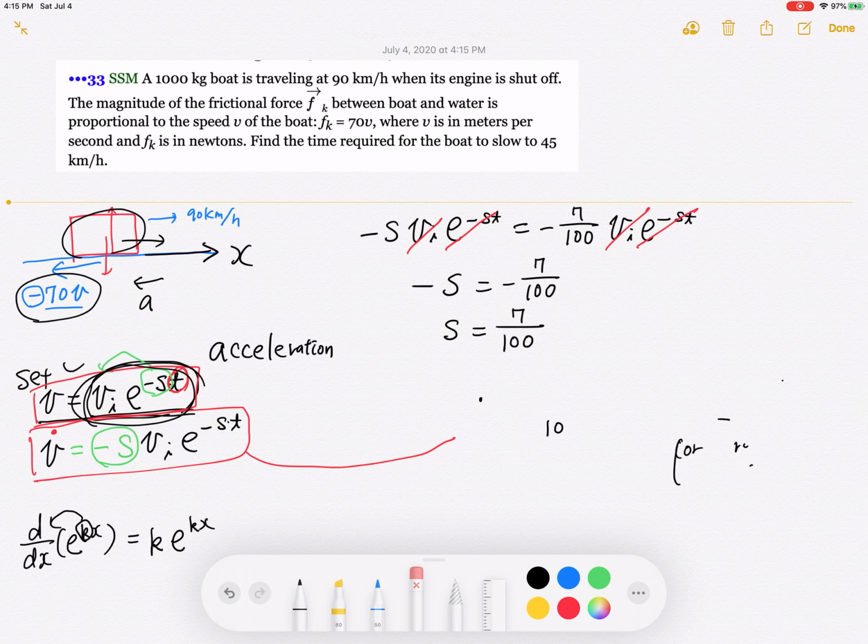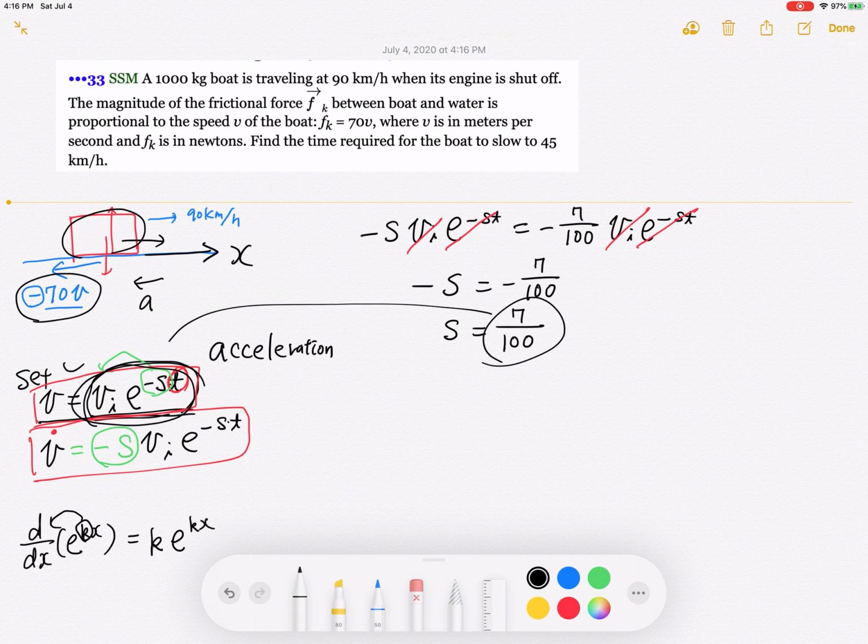Okay. Therefore, we found how the velocity develops with time. Well, it doesn't really develop, it actually slows down. Okay, well, let's put this s back in here. V is Vi. Vi is the initial velocity, which is 90 kilometers per hour.